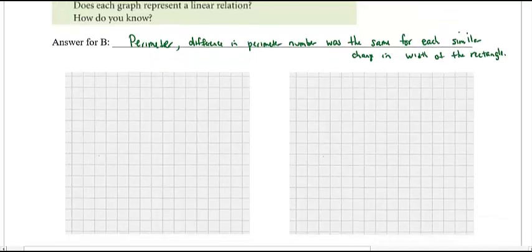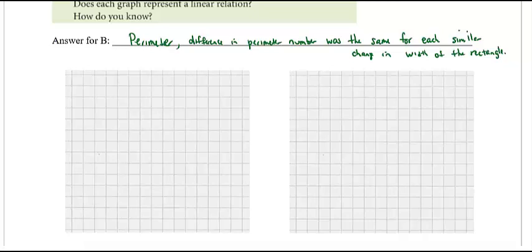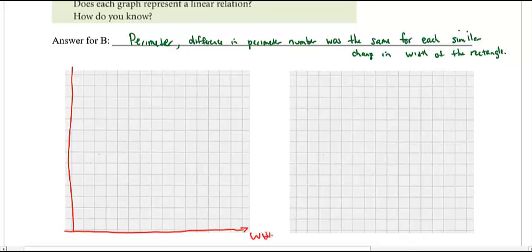and then hopefully we can visually see which one represents a linear relation. Here we go. We'll do area, width. I'll try to space this out. 1, 2, 3, 4, 5, 6.